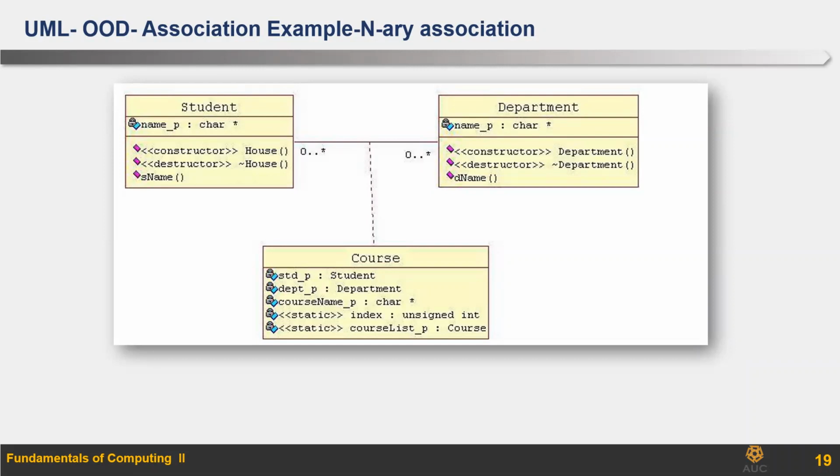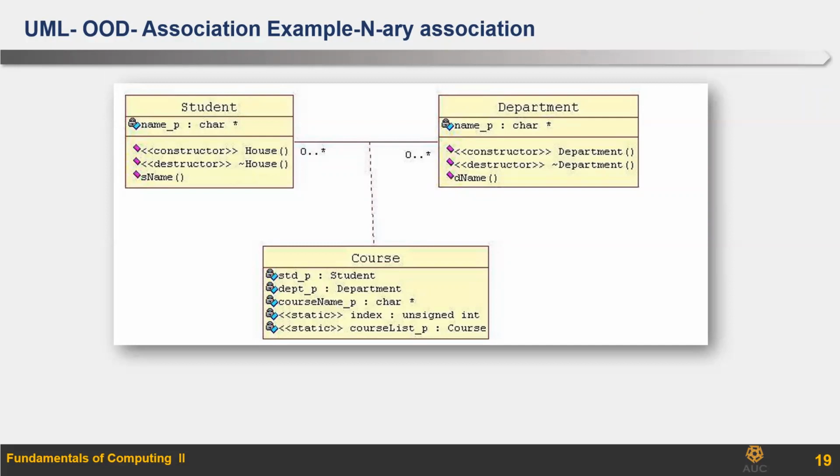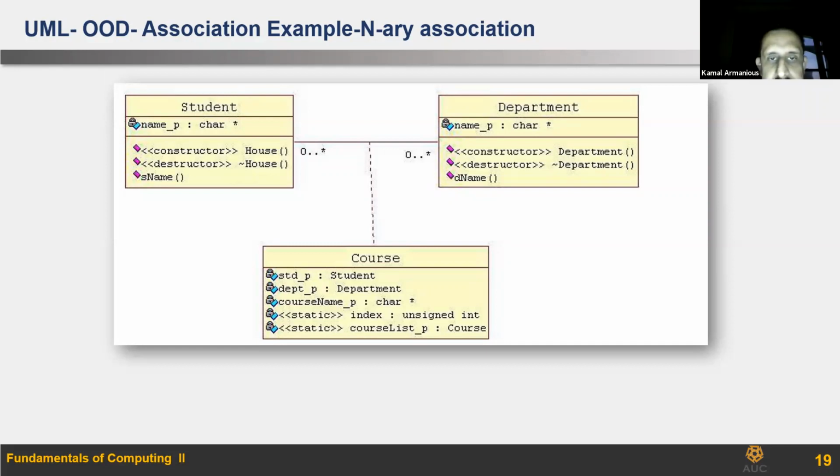So in English, forget about UML and C++ and all such stuff. Can you describe the student, department, and course relationship in English? The student is part of a department and is taking a course.